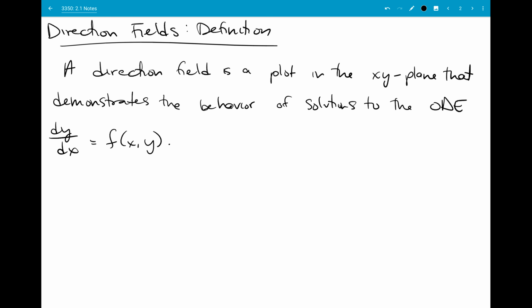So it's a way that we graph solutions to differential equations without solving them. And the way we do that is we create this field using a bunch of tiny arrows.